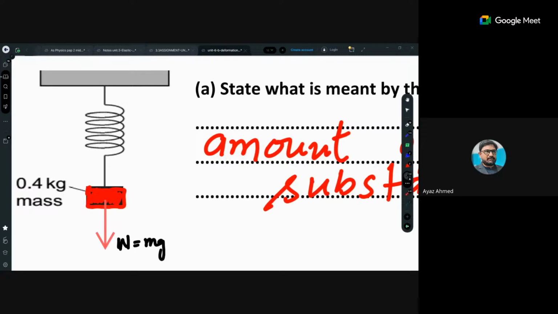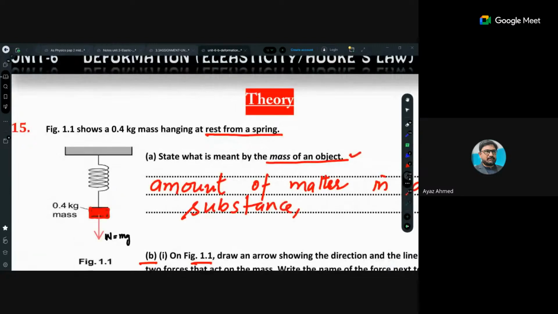Now what will be the second force? Yes, sir. What would be the second force and what will be its direction? Second force will be upwards. Upward, and what will be its name? The tension, or what?